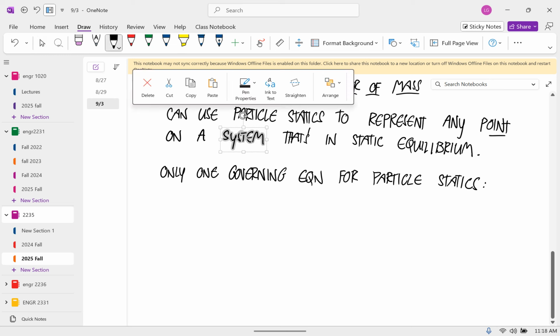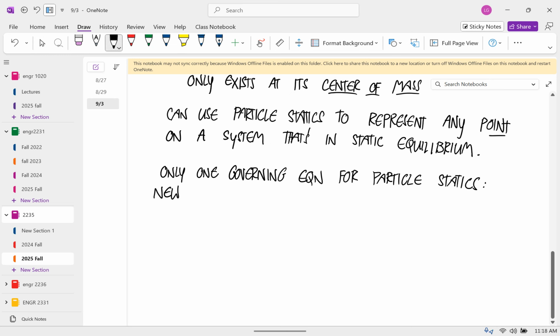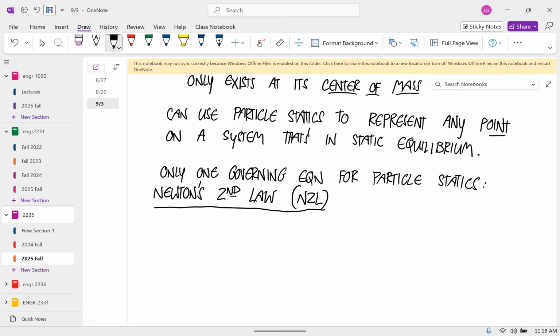And that is Newton's second law. I'm always going to abbreviate that N2L, Newton's second law. And Newton's second law says add up all the forces on a body.